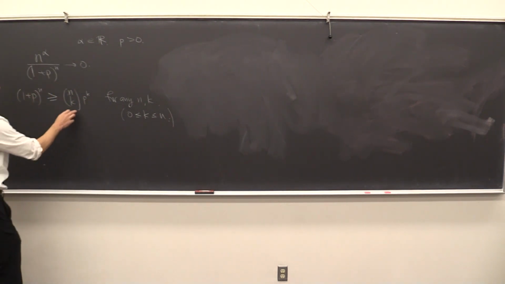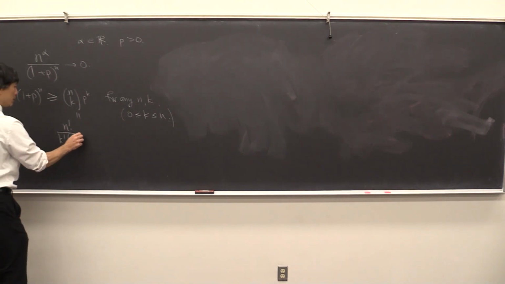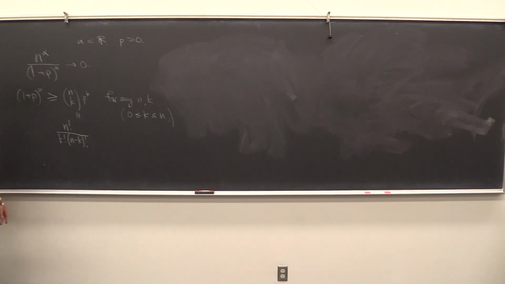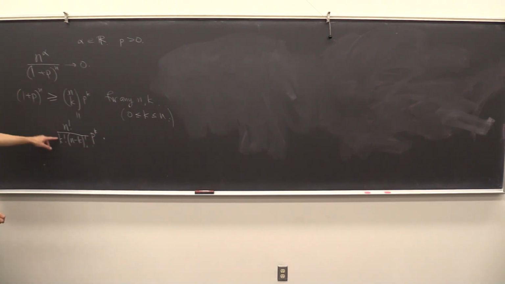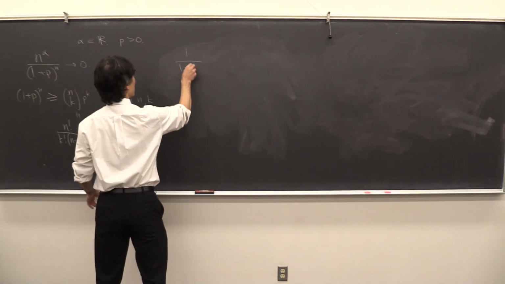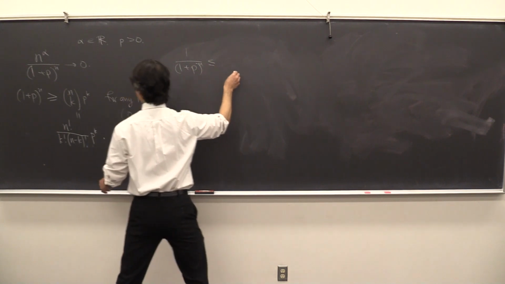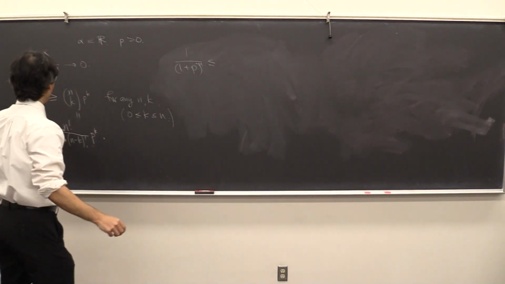Recall that n choose k is n factorial over k factorial times n minus k factorial. So we get this sort of thing. This thing is bigger than or equal to this thing, so 1 over it of course is smaller. 1 over (1 plus p) to the n is smaller than 1 over that.